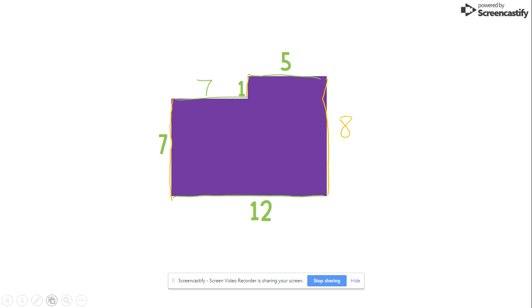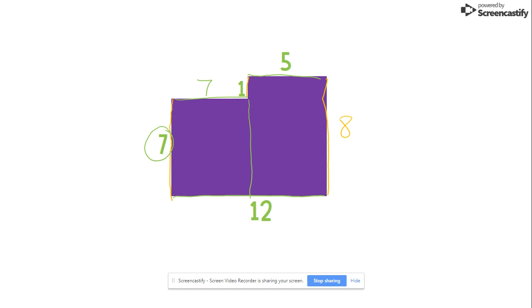And now I can split my shape into two pieces. I'm going to start at this corner and drag my line straight down and look for my side lengths now. So on this left-hand rectangle, my left and right-hand side would be that 7.